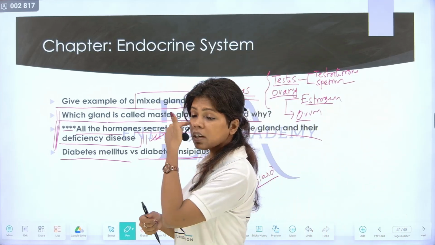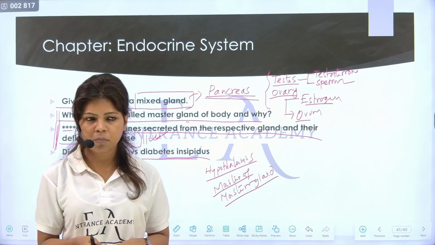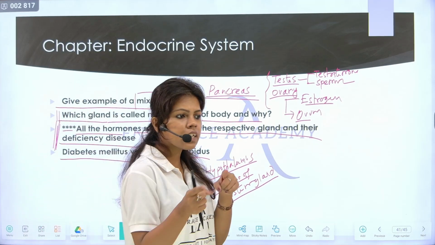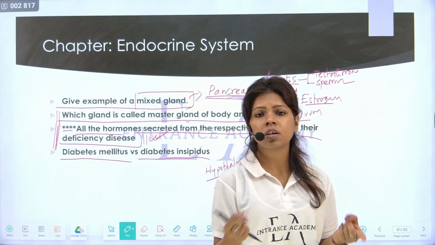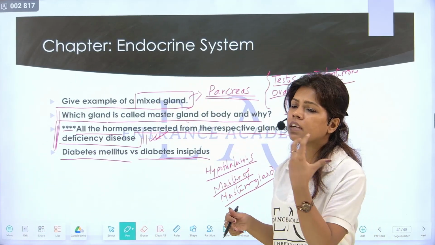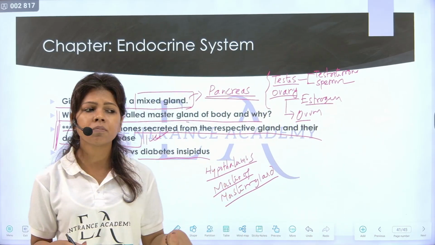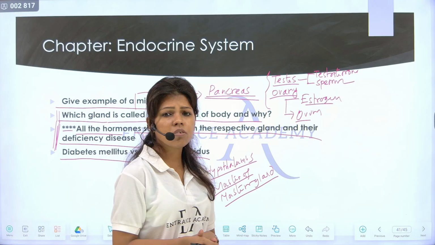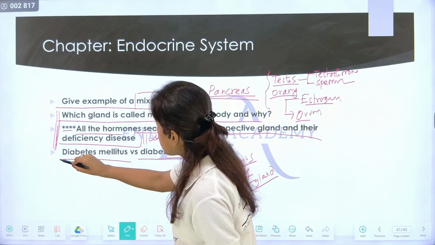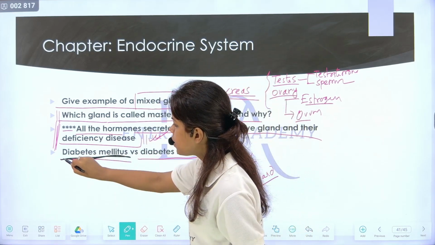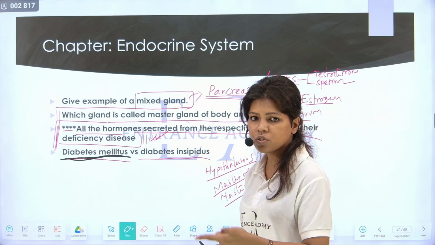So if insulin hormone is not sufficient in our body or not produced enough, then the conversion of glucose to glycogen will not take place, and the blood will be loaded with sugar, and this loaded sugar will come out in the form of urine. So this problem is known as diabetes mellitus, caused due to the hyposecretion of insulin hormone.